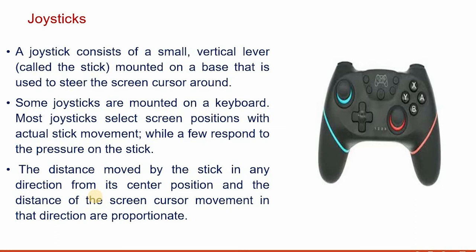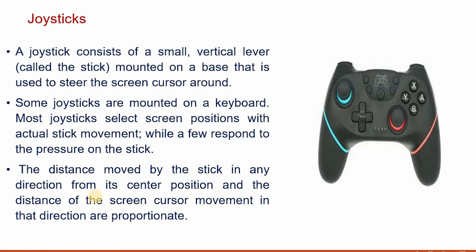Most joysticks select screen positions with actual stick movement, while a few respond to the pressure on the stick. The distance moved by the stick is in any direction from its center position. The joystick has a stick or lever which can be operated in any direction from its center position.